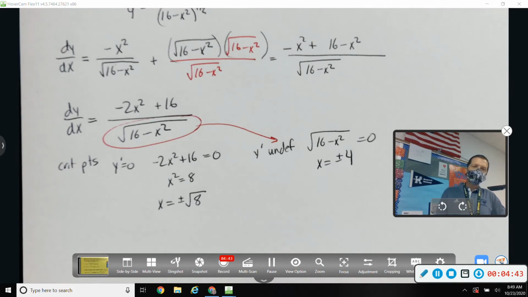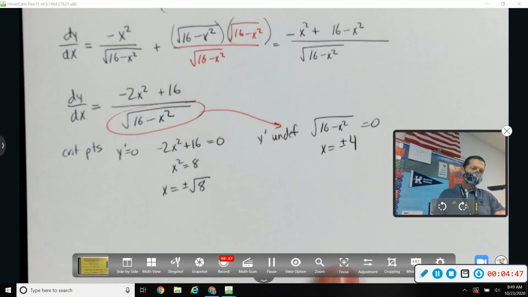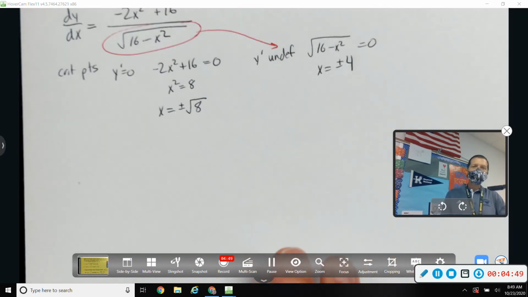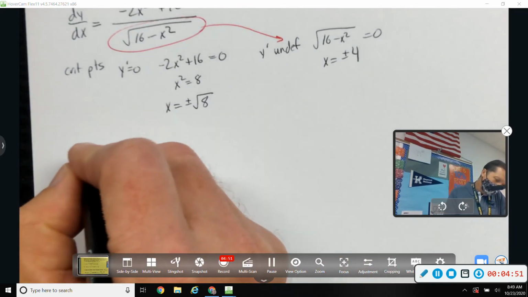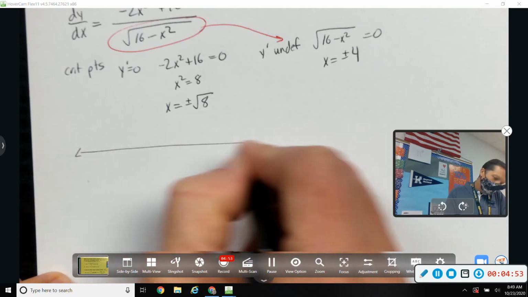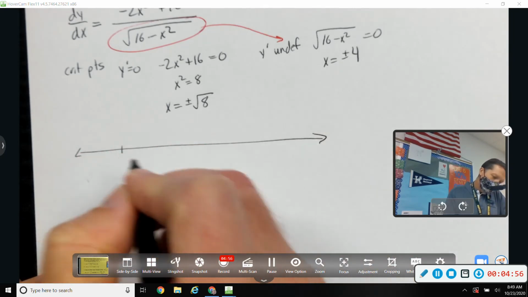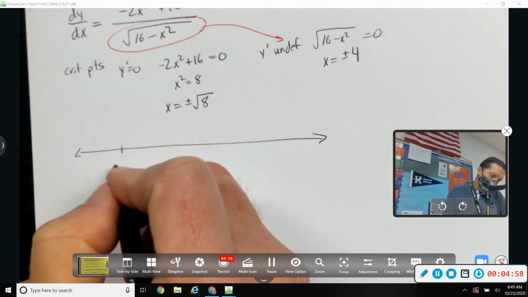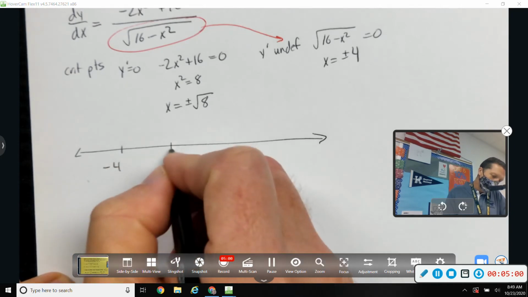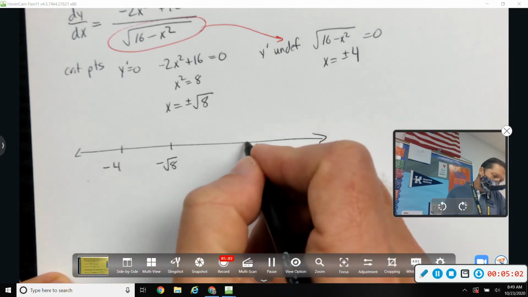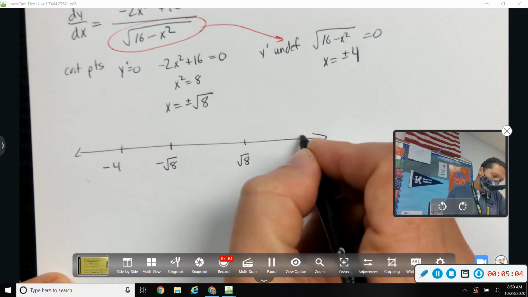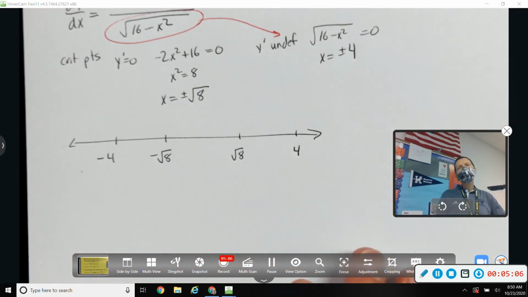It's a long problem for being the third problem in the set, right? Usually you'd think number 11 would be a straightforward, easy situation. Let's see. So negative 4, negative square root of 8, square root of 8, and 4.